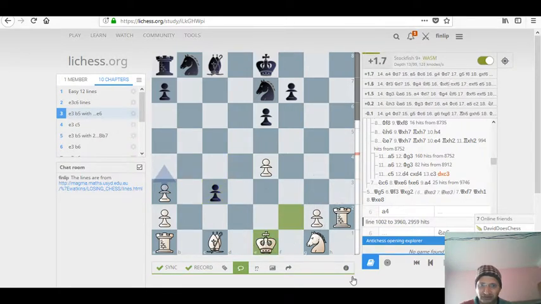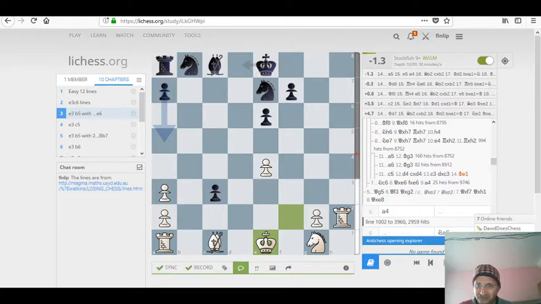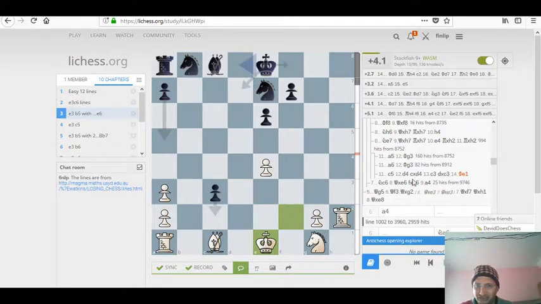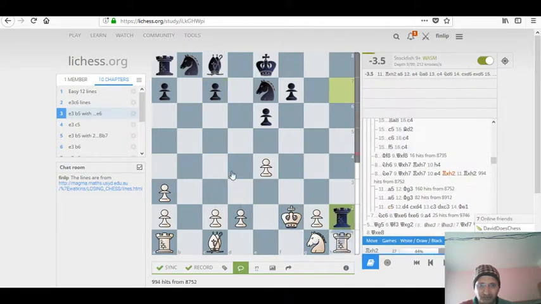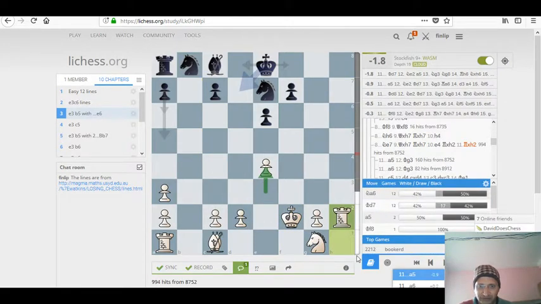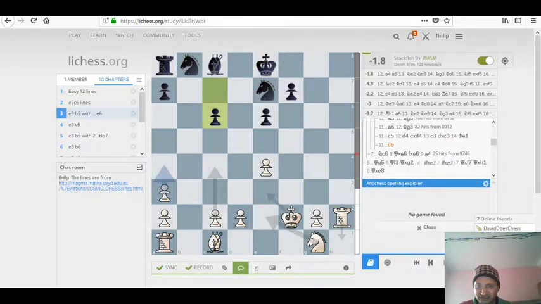Rather than hurrying up with sacrificing the bishop, we just bring the king back to e1 here. Okay, in this position. So now let's see what to do against the next move, which is the move c6 here. Against c6 the reply is f to g3, king g3.